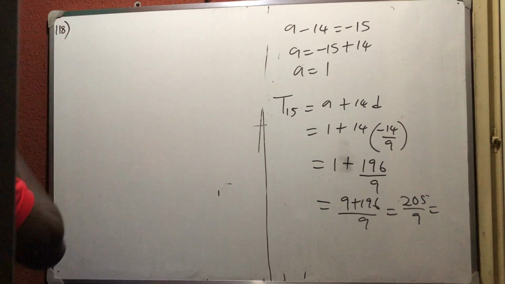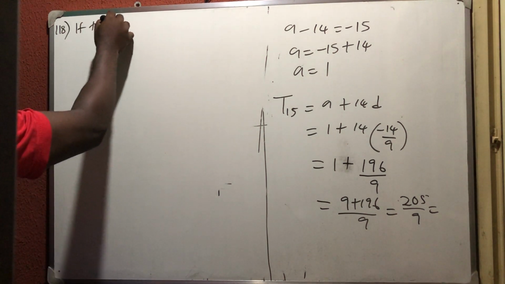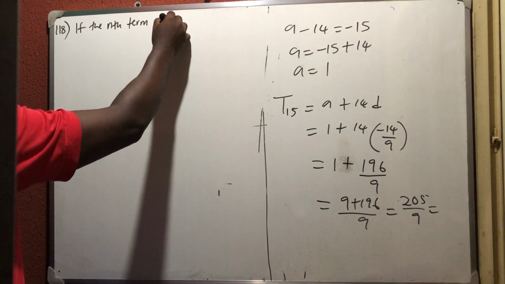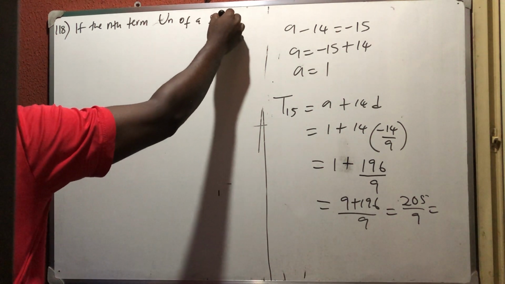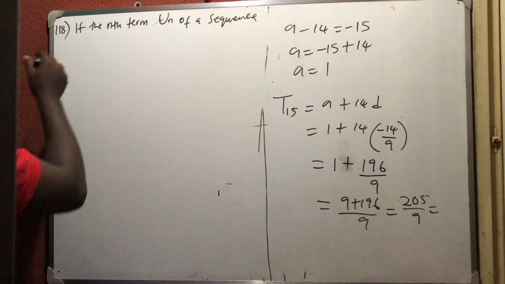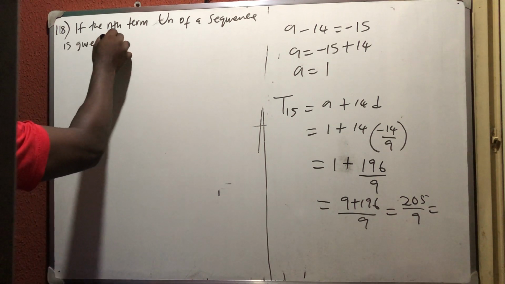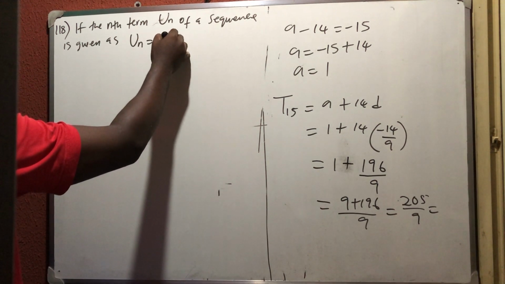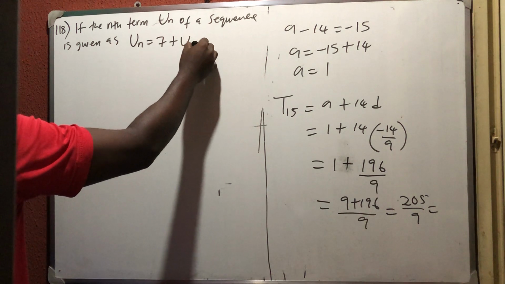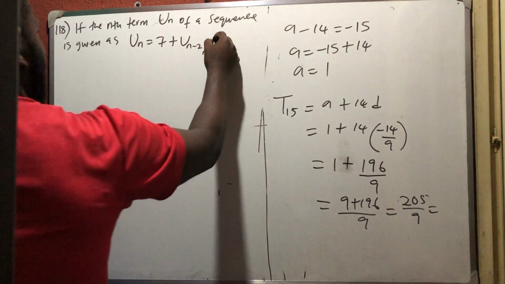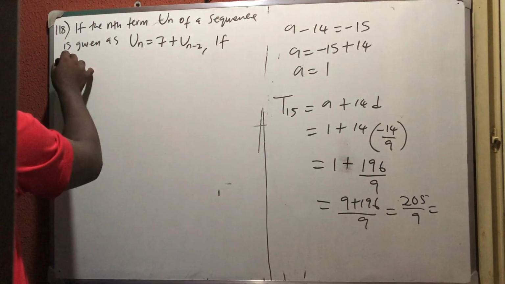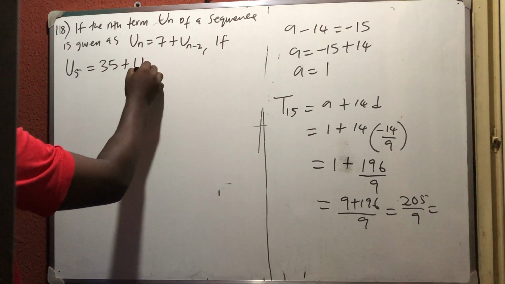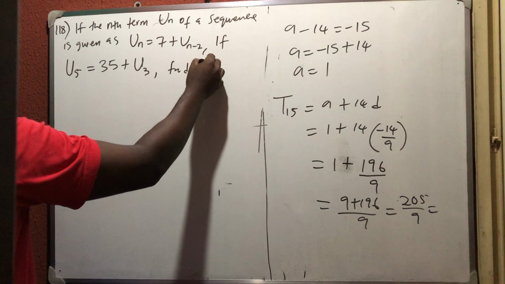So 118. 118 said if the nth term un of a sequence is given as un is equal to 7 plus u(n minus 2), and if u5 is equal to 35 plus u3, find u1.